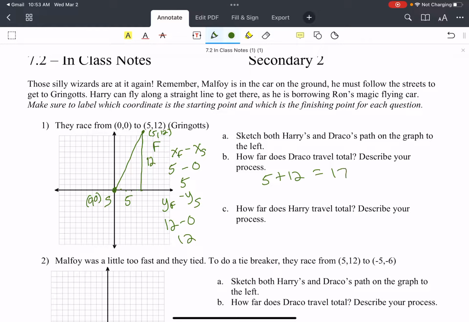That one's easy. Draco's distance traveled is 5 plus 12, because he has to stay on the grid, right? But what if I wanted to know how far Harry traveled? Now, it's probably been a little while since we've done this, but does anybody remember something we've used in the past, if I have two sides of a right triangle, that will help me find the third side?